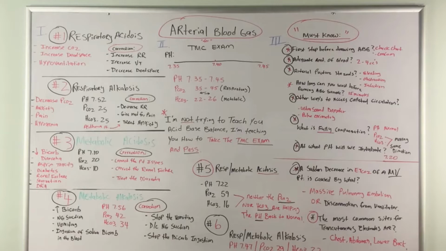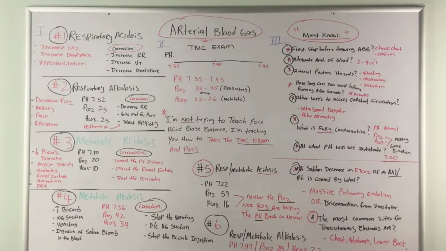And number 3 is metabolic acidosis. What are the causes of metabolic acidosis? Well, a decrease in bicarb, diarrhea, aspirin toxicity, diabetes, renal failure, starvation, DKA or diabetic ketoacidosis.